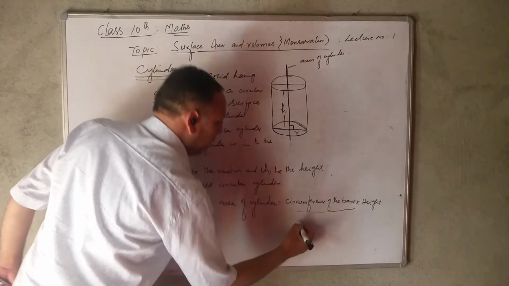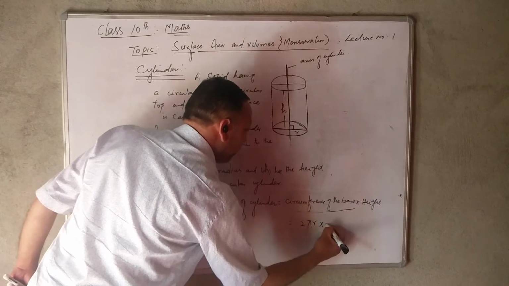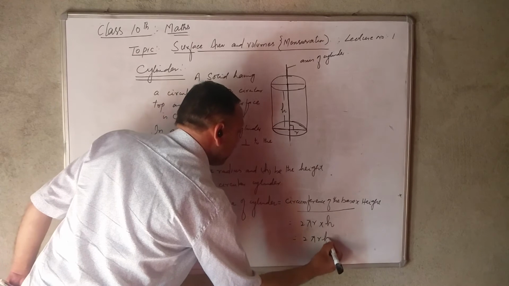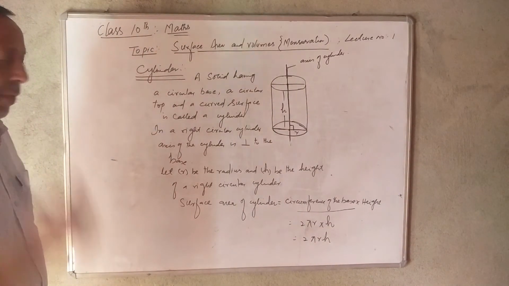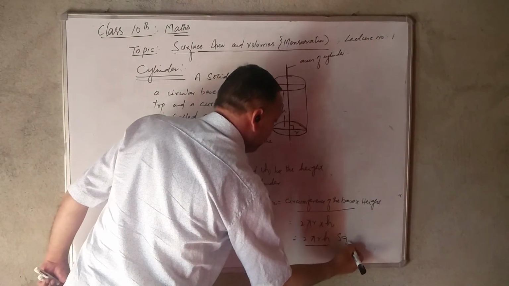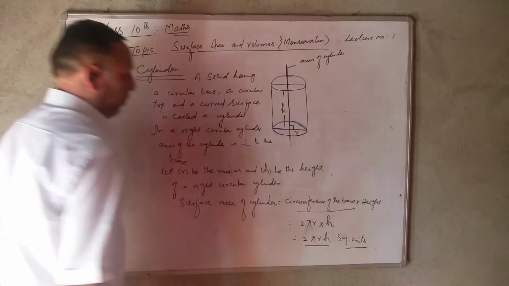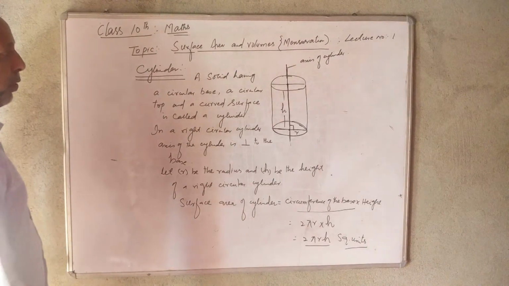The circumference of the circle is 2 pi r, and the height we have kept as h, so it is 2 pi r h. Surface area of a cylinder is 2 pi r h square units. Pause the video and note it down.